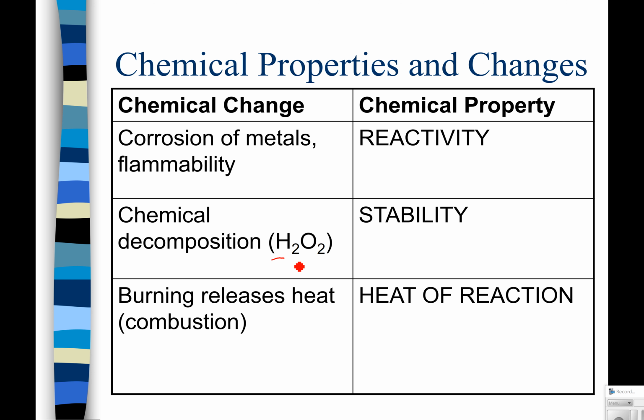For example, hydrogen peroxide, H2O2, looks very similar to water, but we have one additional oxygen. And this is a very, very strong oxidizer, especially in a pure form. You find this at the store in a solution that I believe is less than 3%. And I'll do a couple different demonstrations where I use 30%.